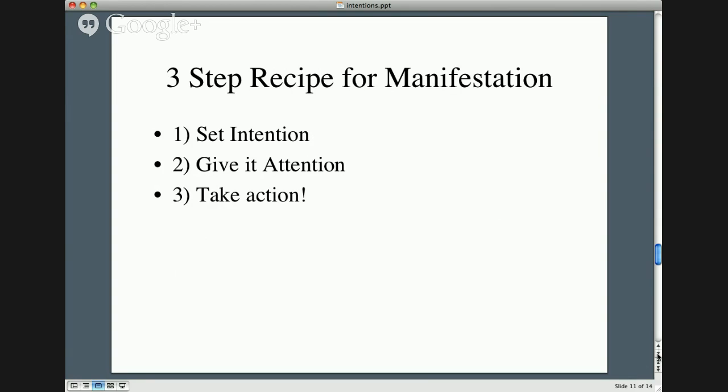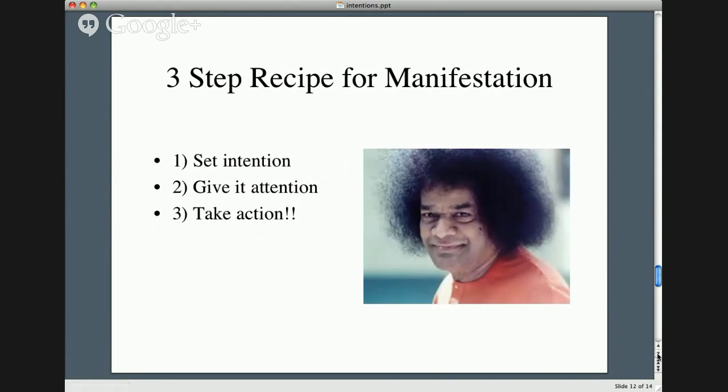You put your energy on it, you put your thoughts on it, and the third step is take action. We can't just say, I'm going to bring this new car into my life. We need to take steps and ask, how do I bring that car into my life? What do I need to do to actually allow this to manifest?